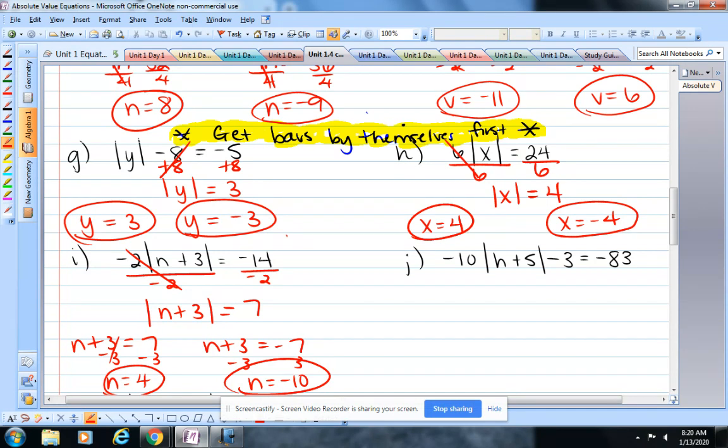What's the absolute value of -7? +7. -2 times +7, -14. Yes. So these are checkable. Okay? All right. J starts getting a little complicated. It says -10 times the absolute value of h plus 5 and then -3 equals -83.